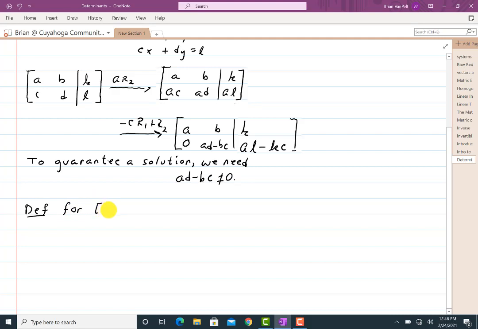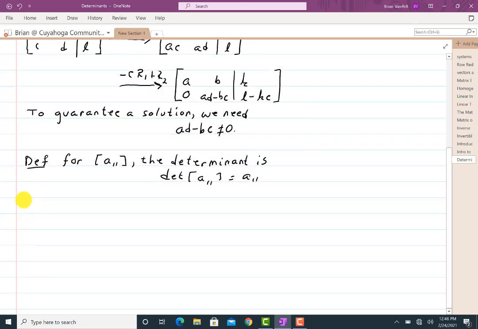If you just have a matrix with one item in it, the determinant is, we write it like this, det A11, that simply equals A11.